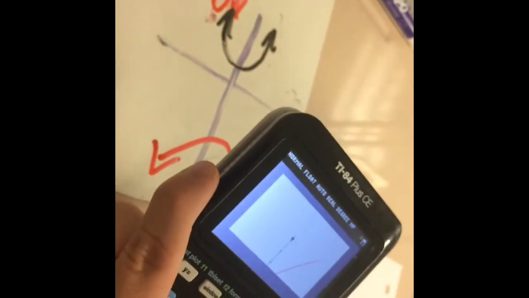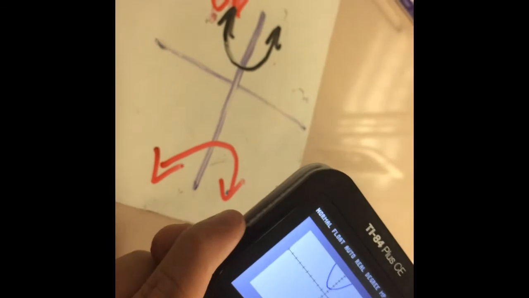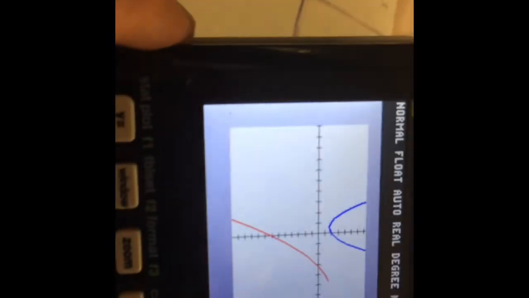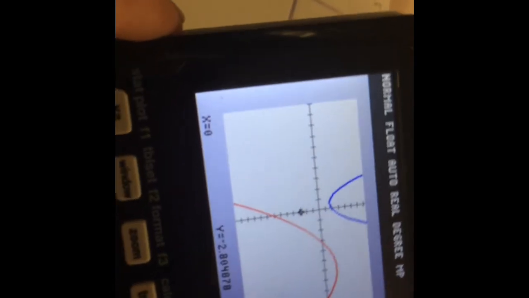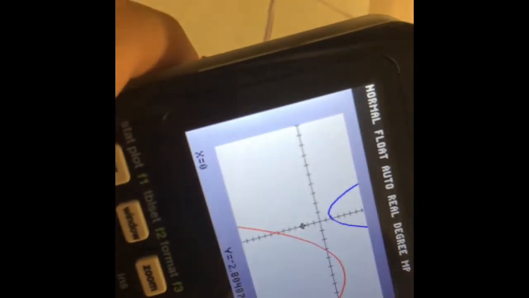It's still zoomed in from the last one, so we're just going to zoom right out in a minute. As you can see, there's the one up there, and then there's the one over here. They do not cross at all. Therefore, because they don't cross, there aren't any solutions to this problem.